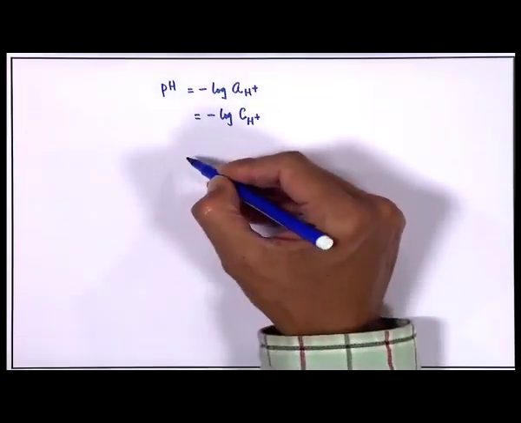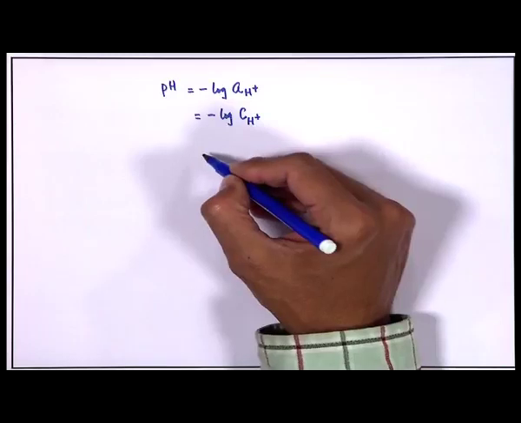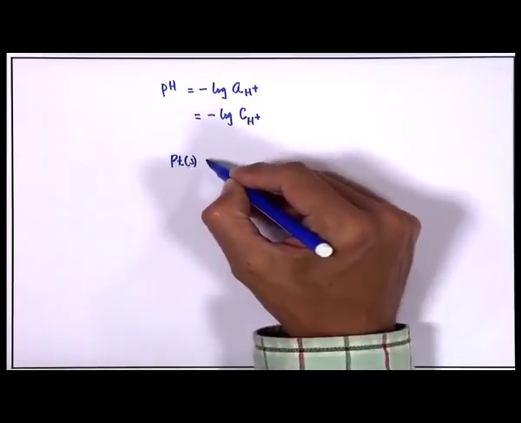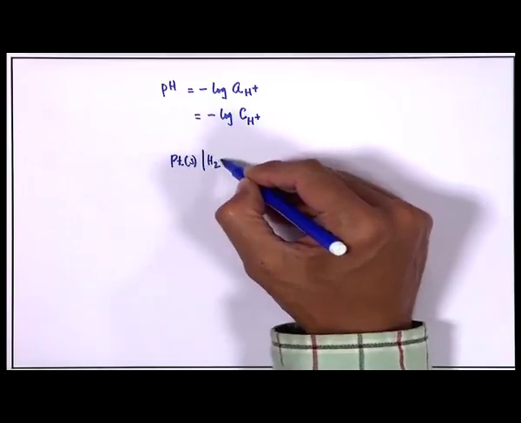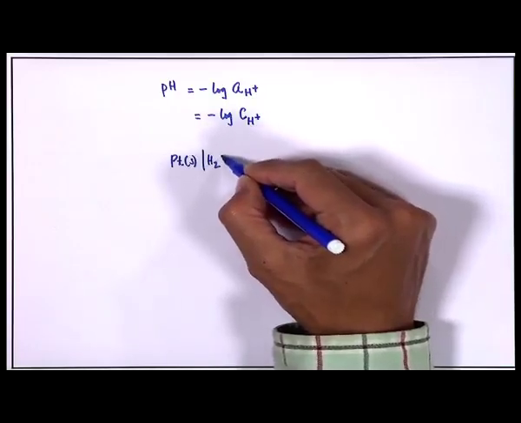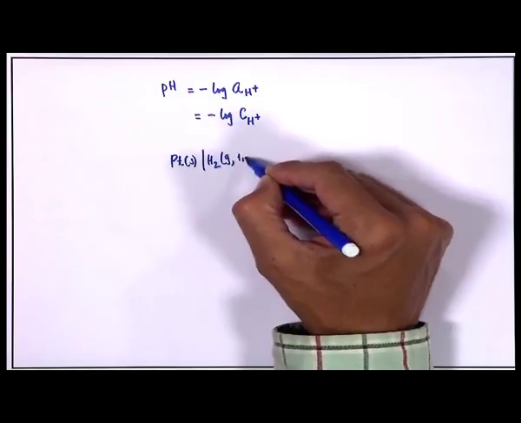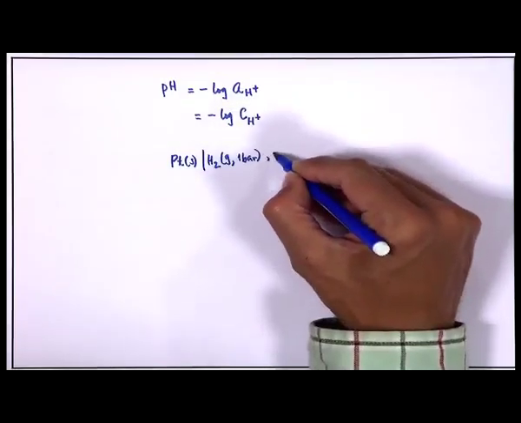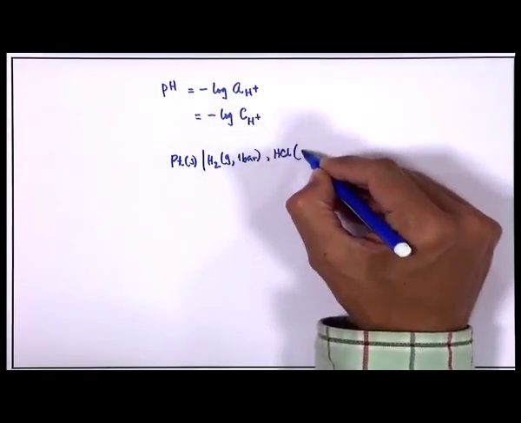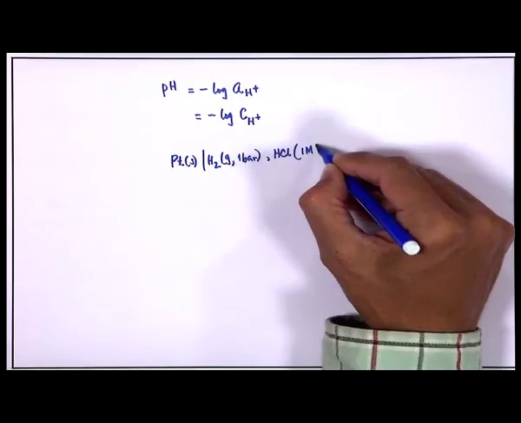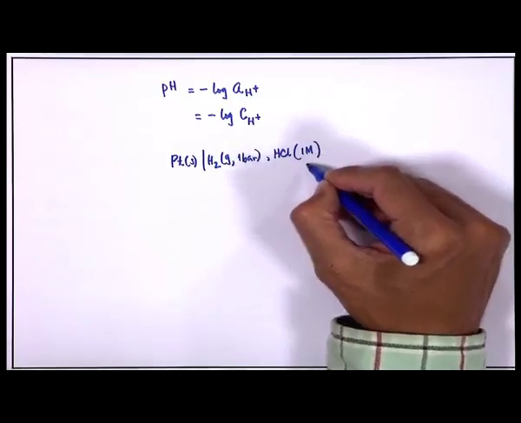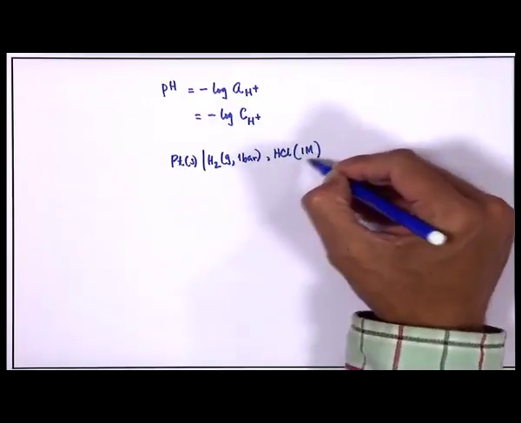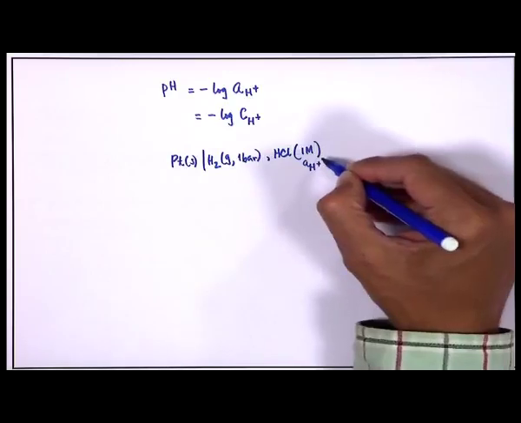So, the simplest case will be platinum solid, then H2 gas at 1 bar, then HCl, maybe 1 molar, or even a different value, maybe activity of H plus, let us write.